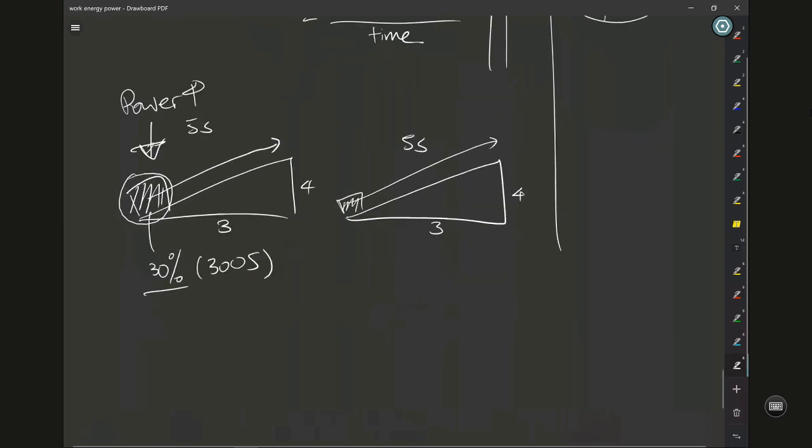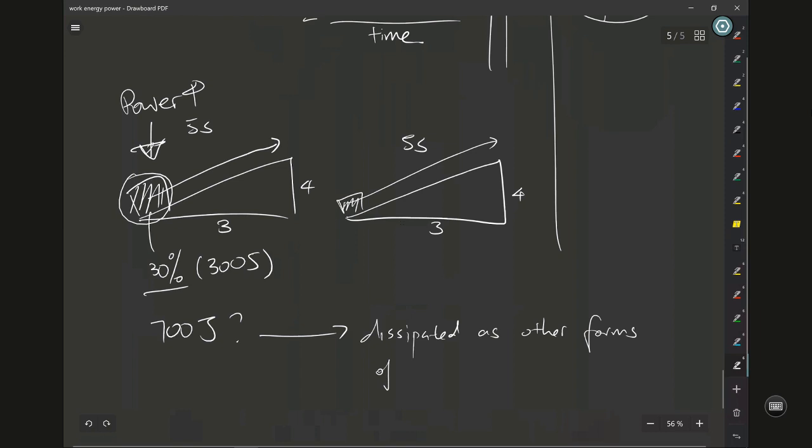The other 700 joules, yes, the most common answer, are dissipated as other forms of energy, such as your heat, your sound, etc.